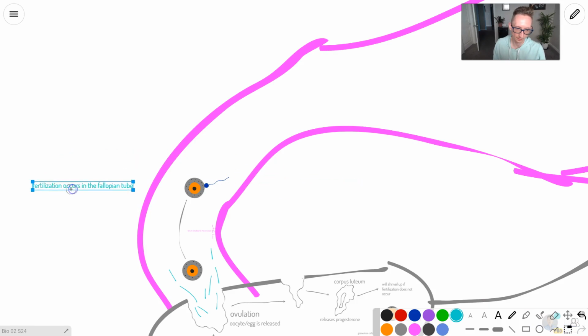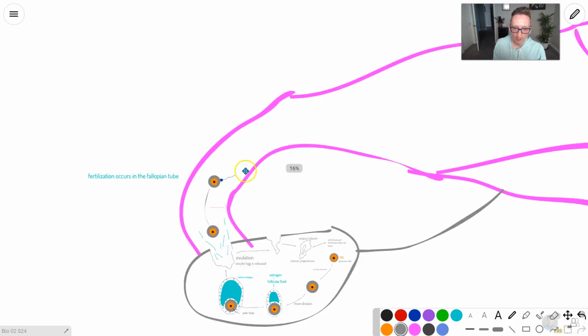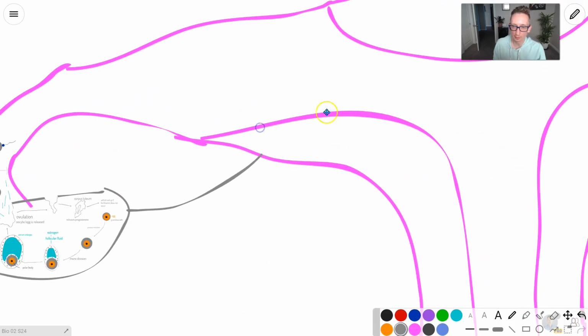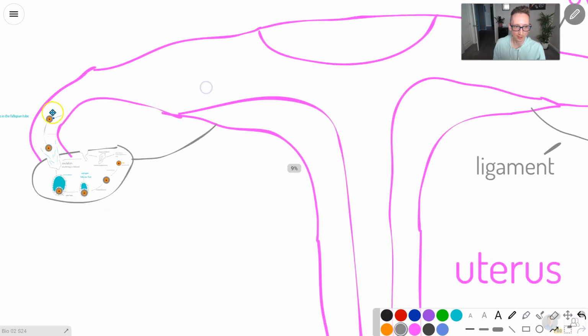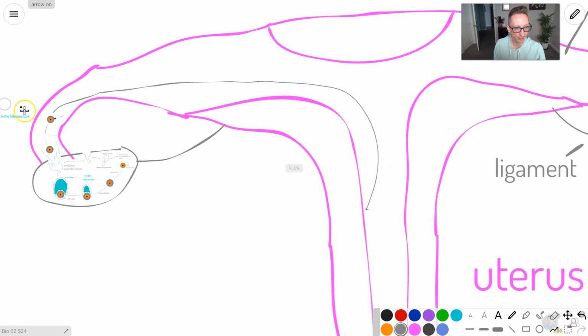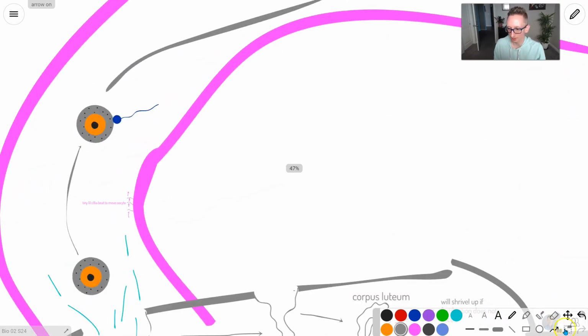Then what happens is this egg continues through the ciliary movement, cilium beating, moves down here, and will implant onto the side. This embryo will implant to the side of the uterus here.